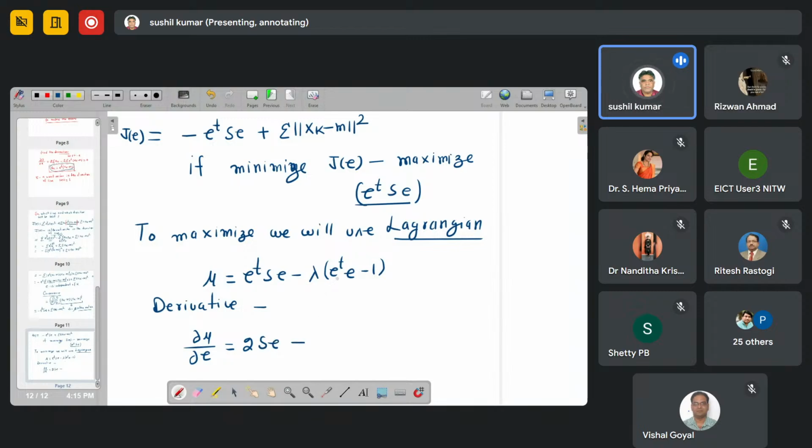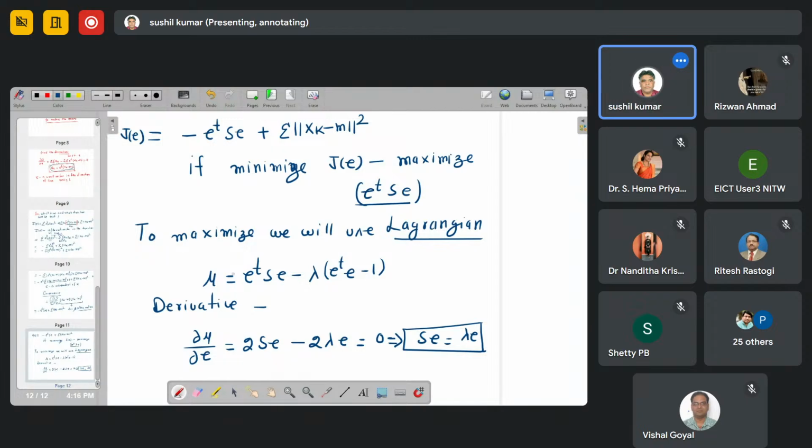Here also E transpose E is E square, and it will give you 2 lambda E, equal to 0. So you can write this equation again: SE is equal to lambda E. This is the eigenvalue expression, where E is the eigenvector.